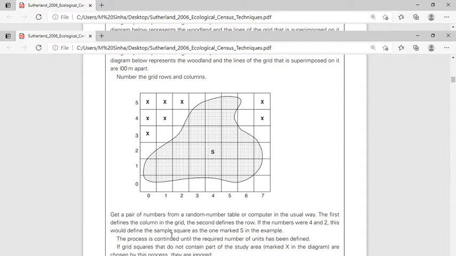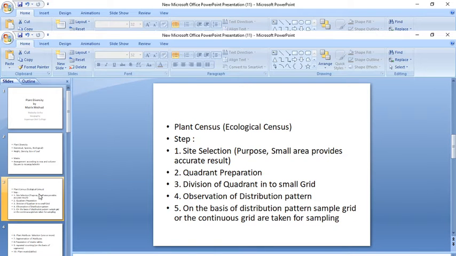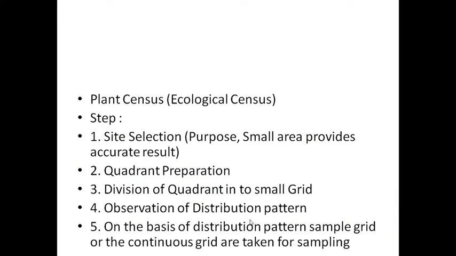The second step is, after the identification of the area, you prepare a quadrant. Quadrant means it may be square or rectangular. And after preparation of the quadrant, the third step is to divide the quadrant into small grids.